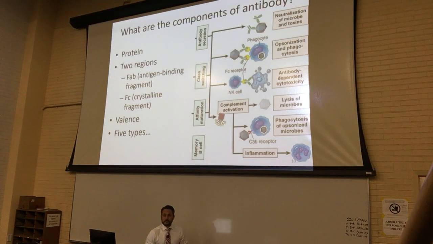And the last but not least on this particular slide is this concept of memory B cells. And we're going to talk a little bit more about those here in a minute, but they're a subtype of B cell, and that subtype of B cell is formed when you have a first infection and it subsides or goes away, and these B cells that were activated convert over to memory B cells.